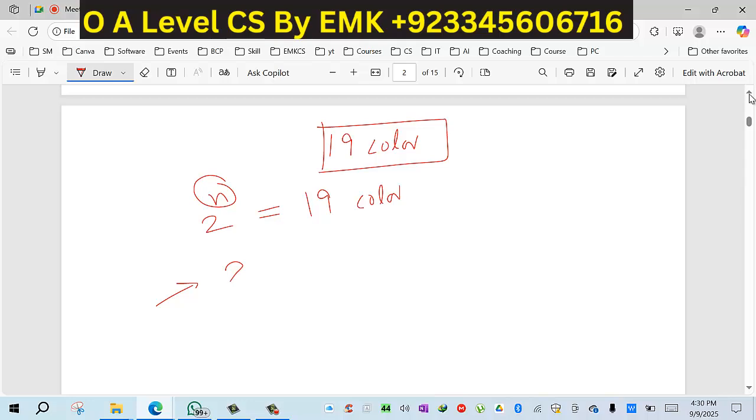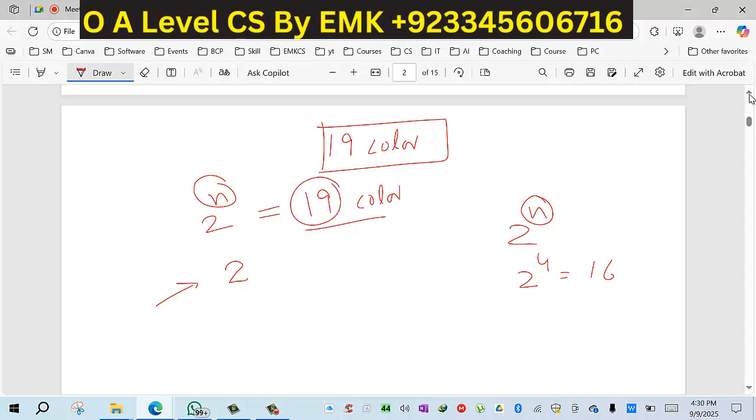The value of n, 2 raised to power n equals 19, so what will be the value of n here? If I require a 19 color image, we have a formula 2 raised to power n. So if I say the value of n is 4, it would be equal to 2 to the power 4 is equal to 16.